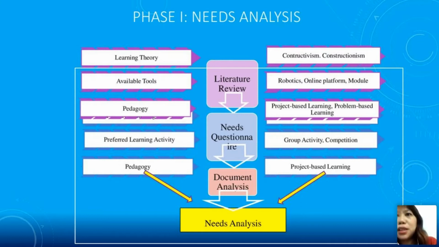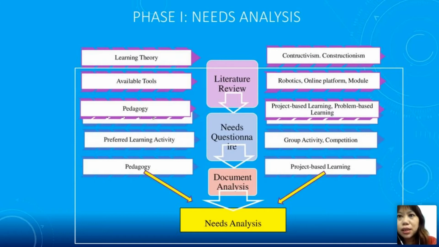According to the first phase, there is needs analysis. The learning theory used is constructivism and constructionism, while the tools used are the online learning platform module and robotics. The pedagogy used in this research is project-based learning and problem-based learning.